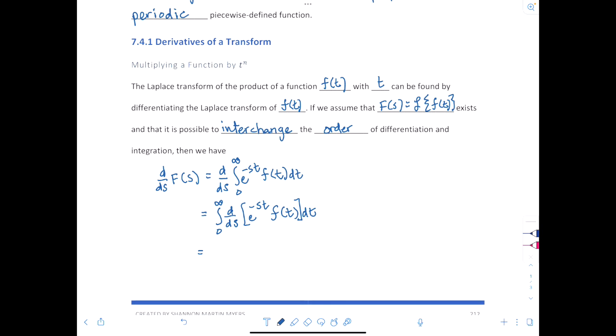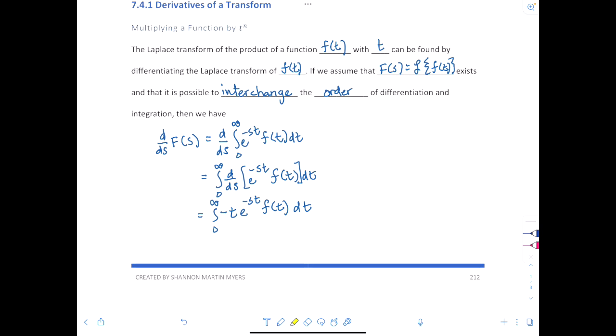And then I'm going to differentiate the integrand with respect to s. And so that is going to give us the integral from 0 to infinity of, we'll have a negative t from differentiating the power of the exponential with respect to s, times e to the negative st times f at t dt.